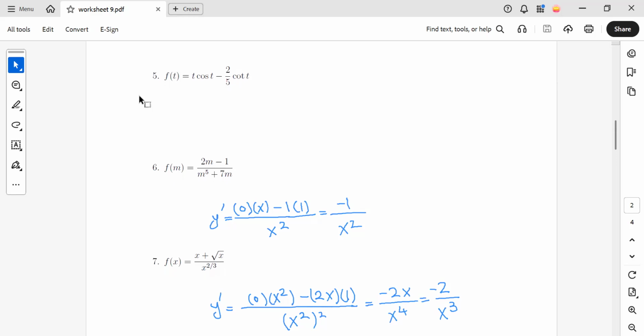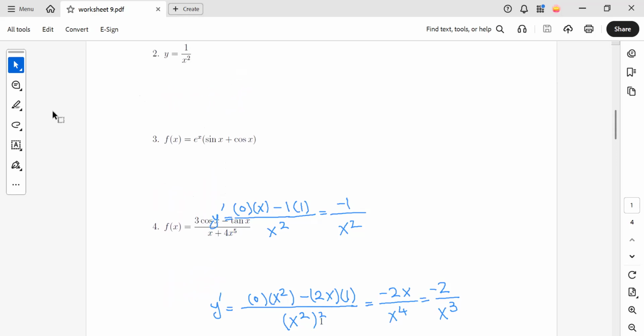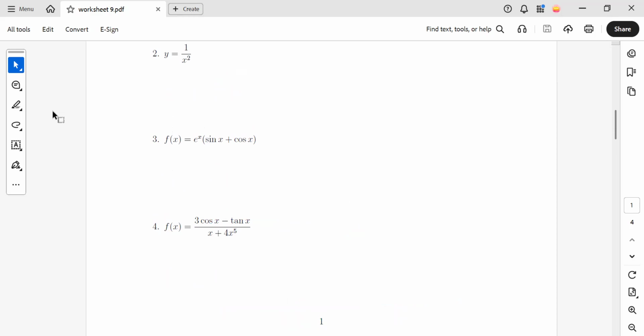Number 3 and 4 here. Number 3 is product rule. You can simply multiply these two and then use product rule, or you can start using product rule from here. Either is fine.